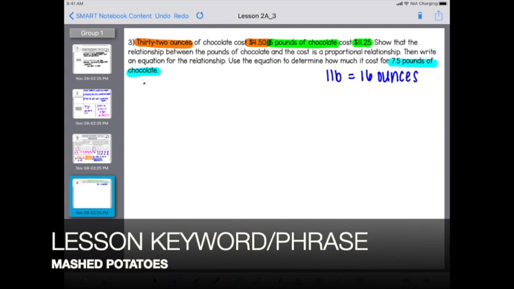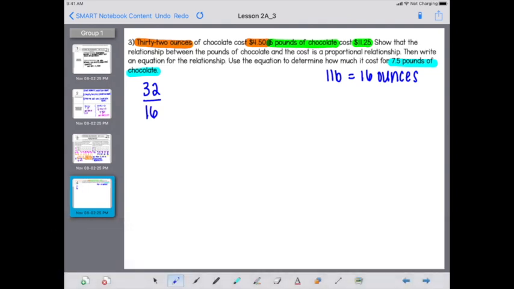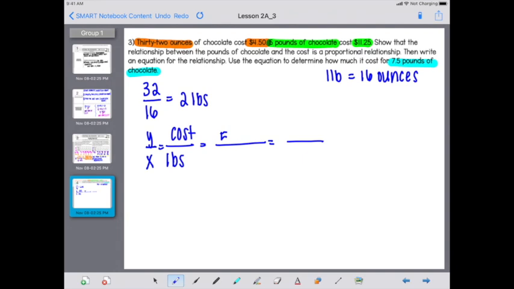So if I have 32 ounces of chocolate, I'm going to divide that by 16. That's going to give me 2 pounds of chocolate. This way we're going to keep everything in pounds. So we'll do cost over pounds, because it's our y over x. We have 4.50 over 2 pounds.